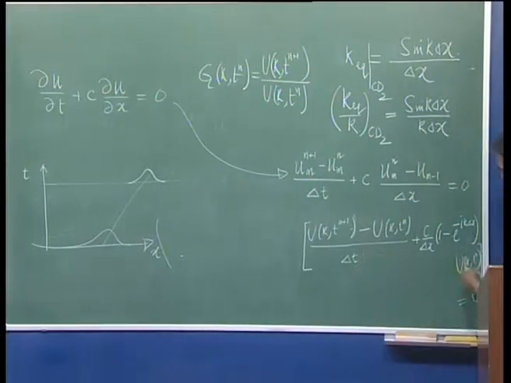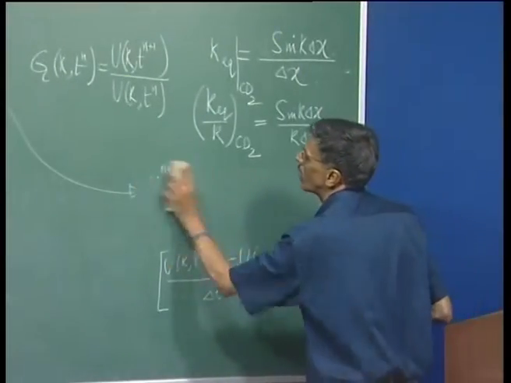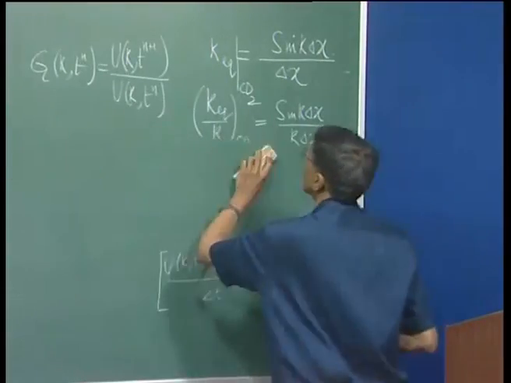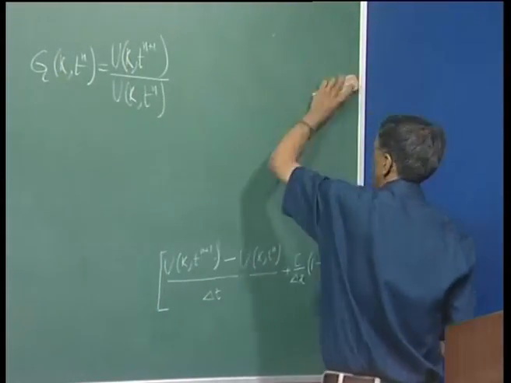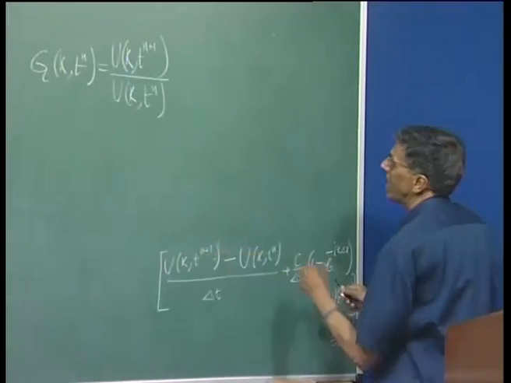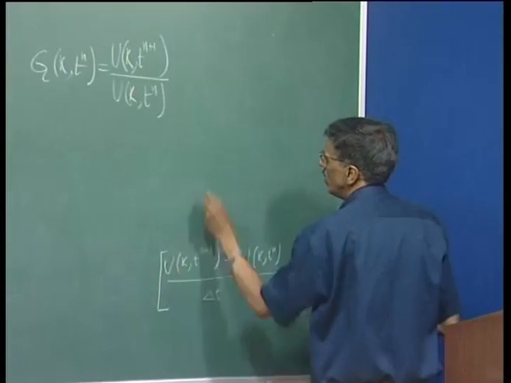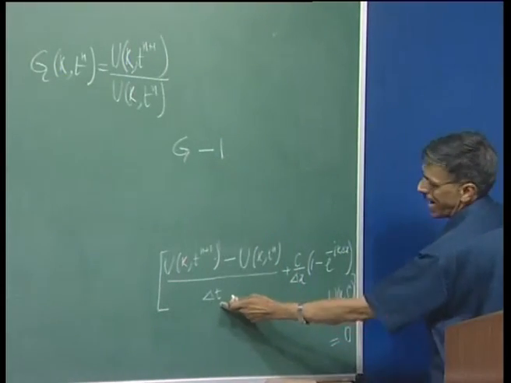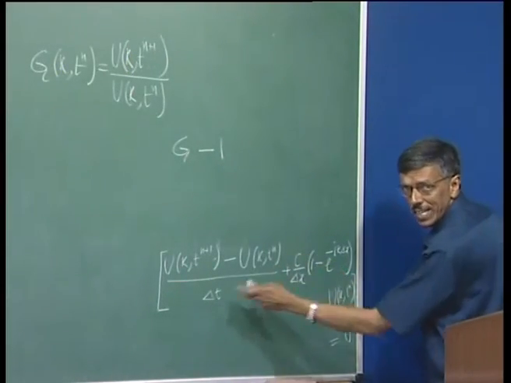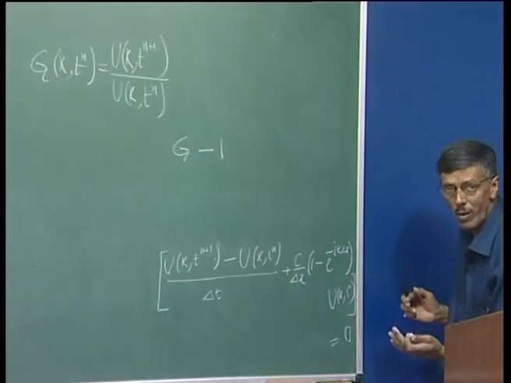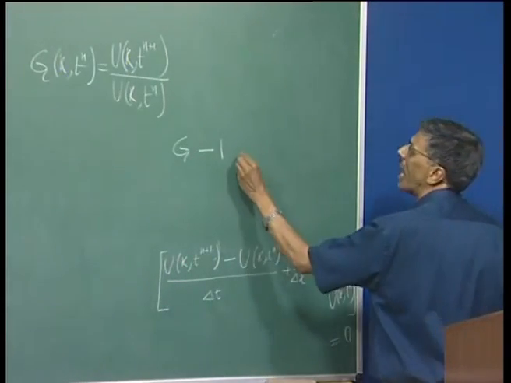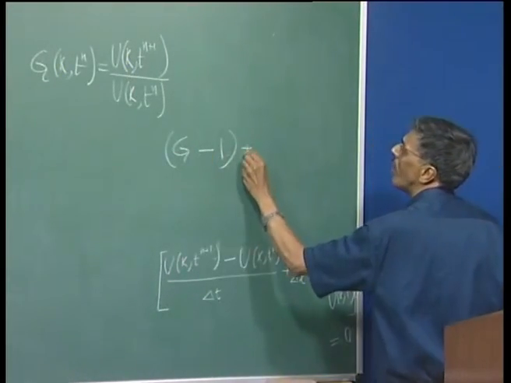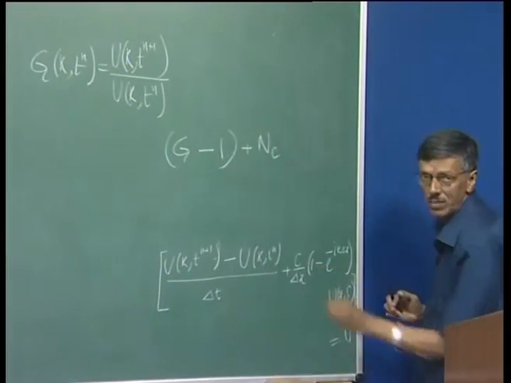So, if I divide this equation by u of k t n, then what we are going to get is the following. We are going to get here g minus 1, and if I take this, what do I get? C delta t by delta x is our CFL number, so that is going to be our CFL number NC.